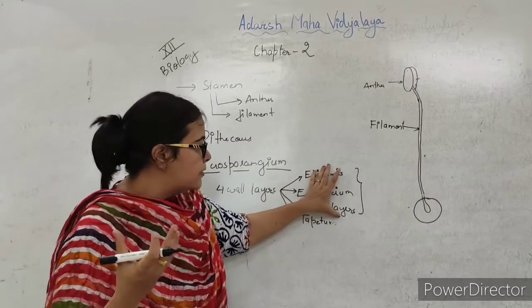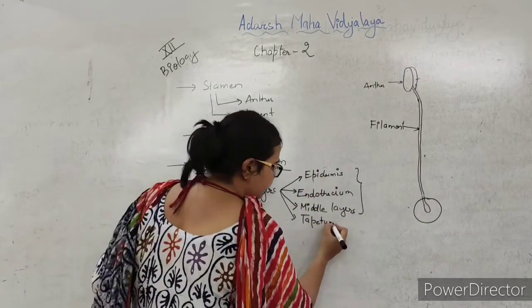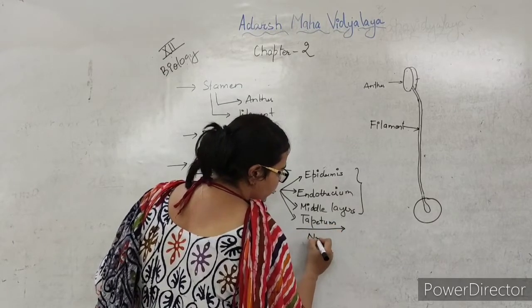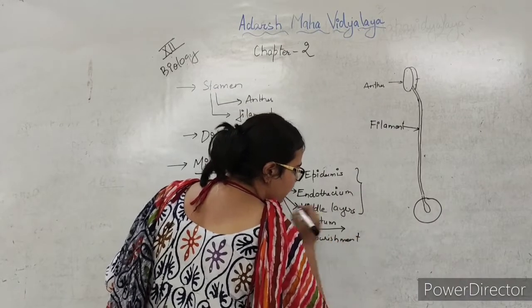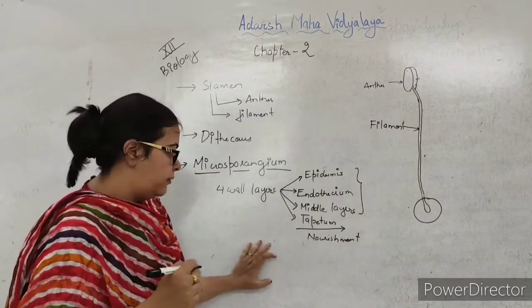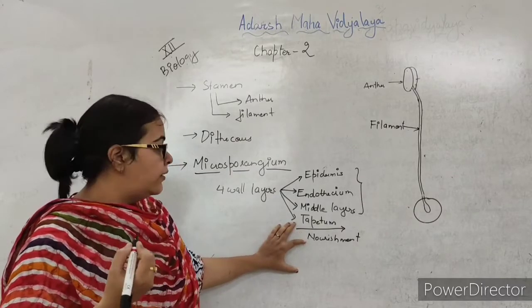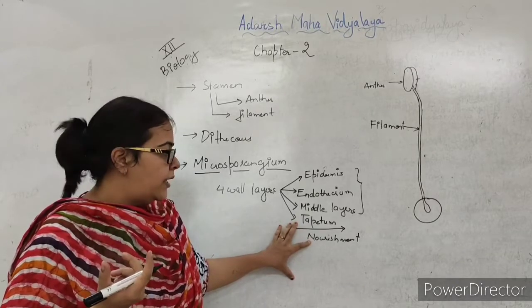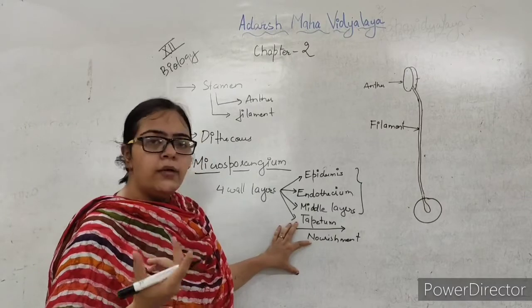These three layers serve the purpose of protection, and this tapetum will provide nourishment to the developing pollen grain. Now, as these cells provide nourishment to the developing pollen grain, these cells will have a dense cytoplasm, and they generally have more than one nucleus.